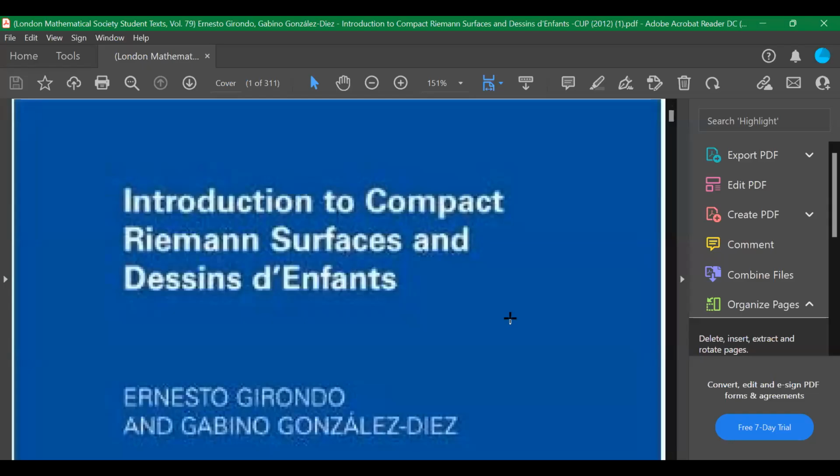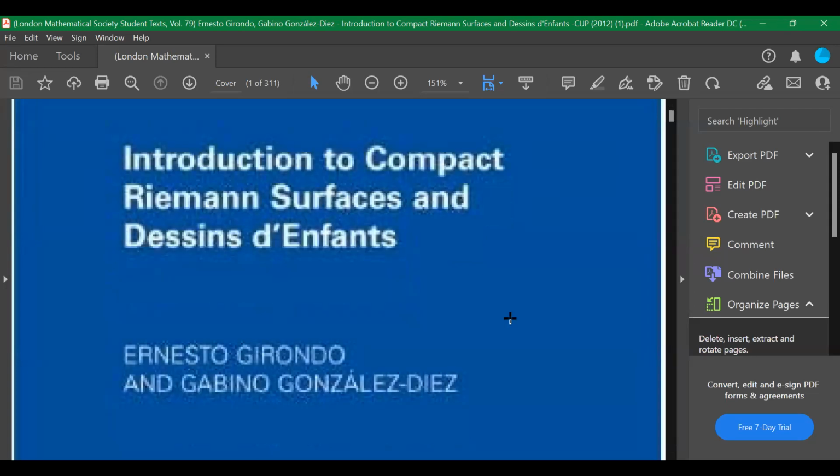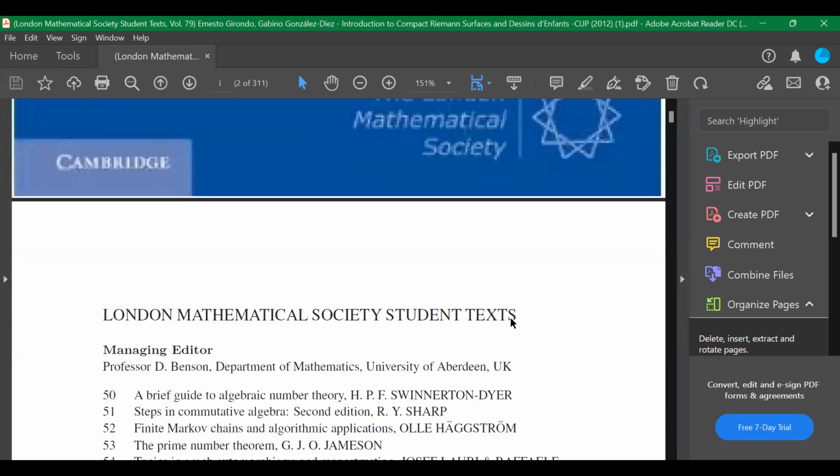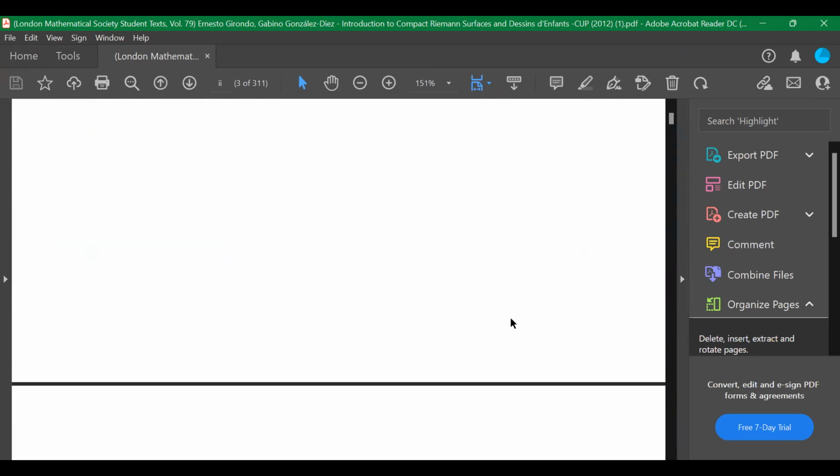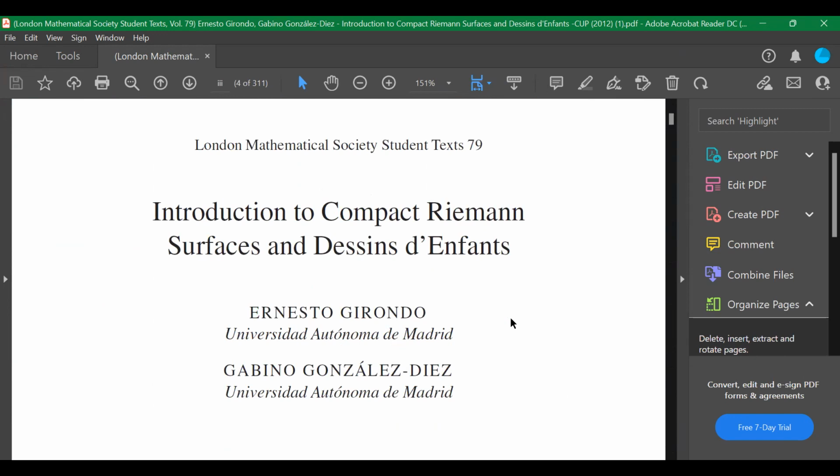Okay, this is the book I'm referring to. I see, Gonzalez. Very good. And there is another book by Jürgen Wolfart.